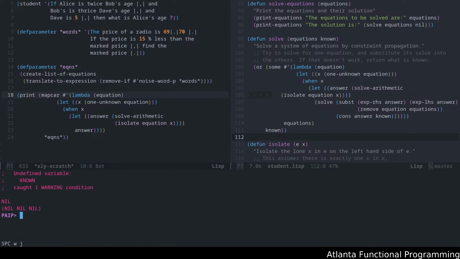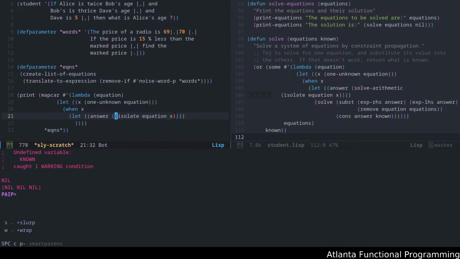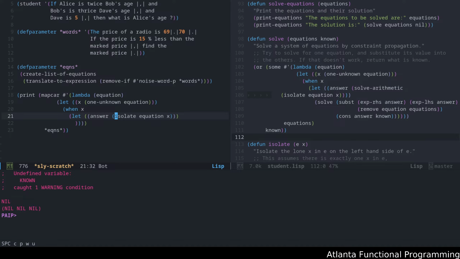Let's do this. In 23, delete that guy. Let's do this here. Nil, nil, nil. So we can't even isolate the equation.